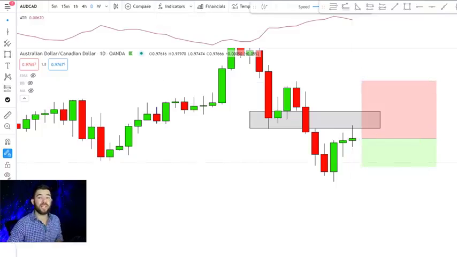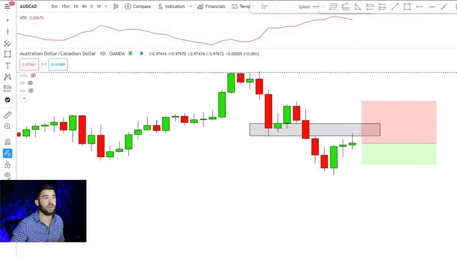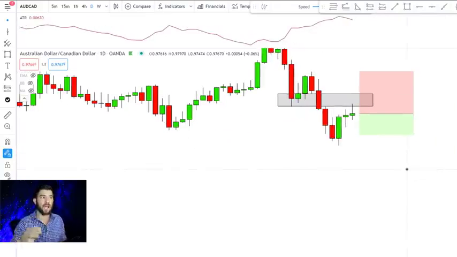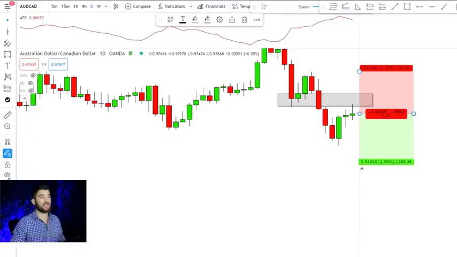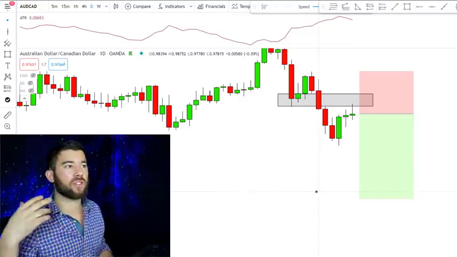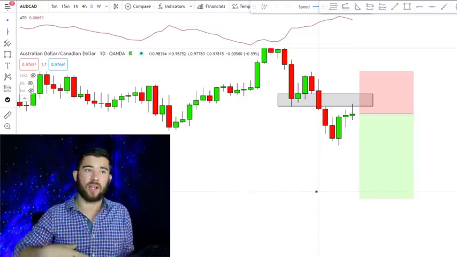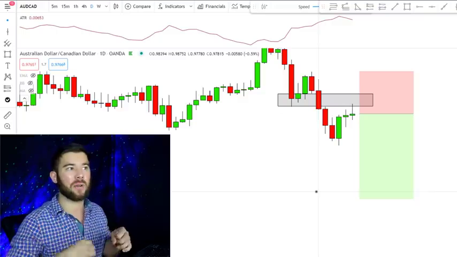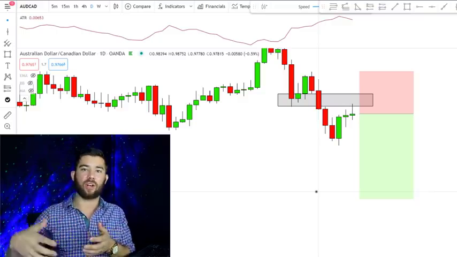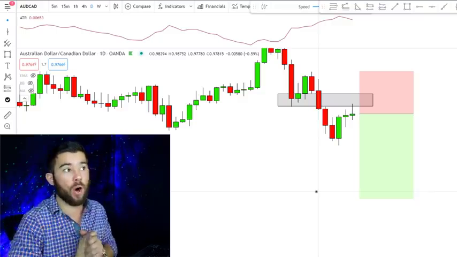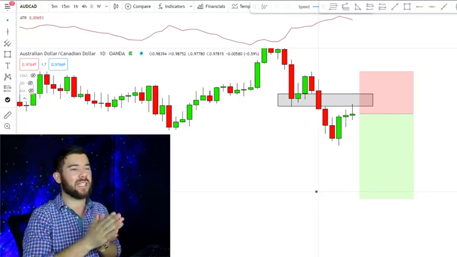And in order to get a 2 to 1 reward to risk ratio, I want to have a 4 times ATR indicator for my target. 134 times 4 is 268. And that would be a 2 to 1 reward to risk ratio. And that would be the way your trade setup looks. At this point, you're giving yourself room for your stop loss and you're accounting for the volatility of the market in terms of finding targets as well. Those are the 2 ways I like to use the ATR indicator.